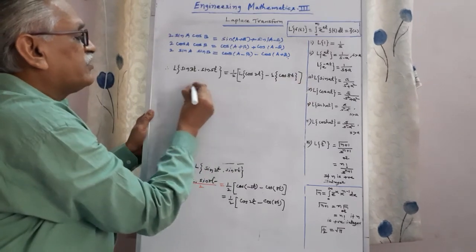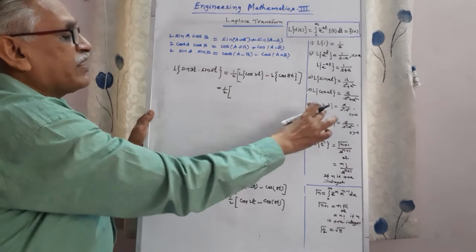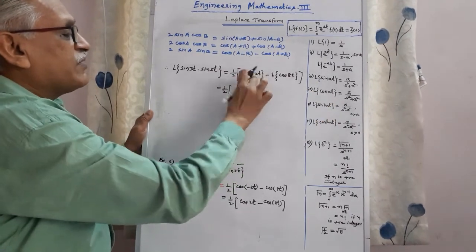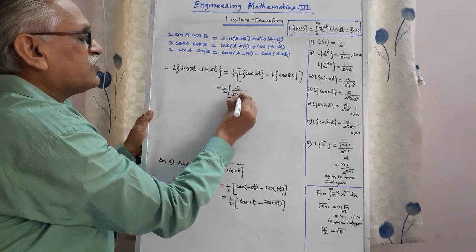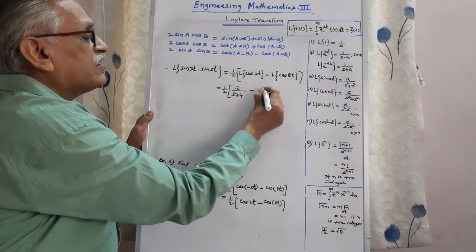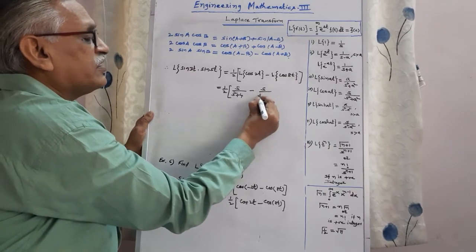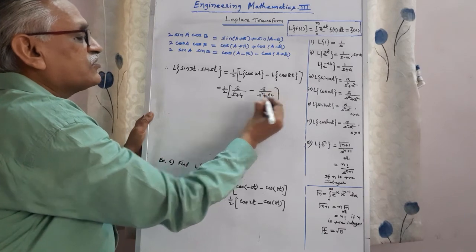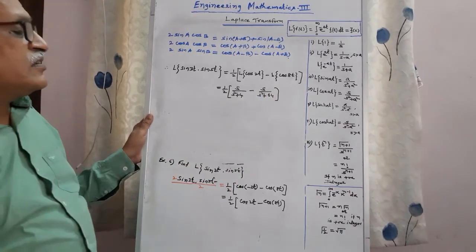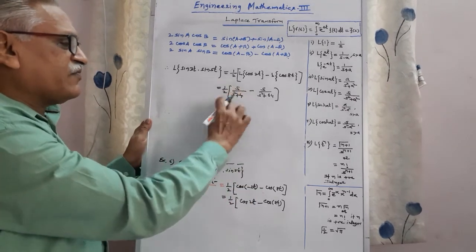Therefore it is equal to 1 by 2. Applying this result, its Laplace is s upon s square plus 2 square, minus s upon s square plus 8 square. 8 square is 64. This is the required Laplace transform. I can simplify it further.